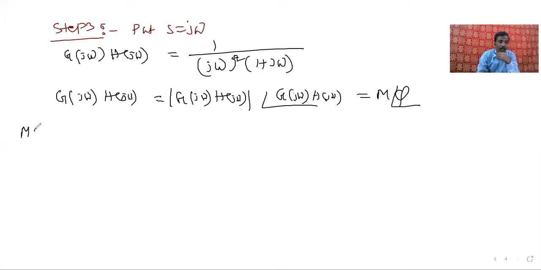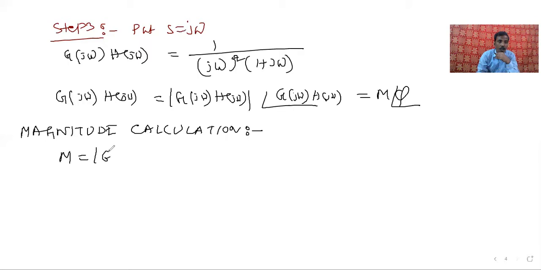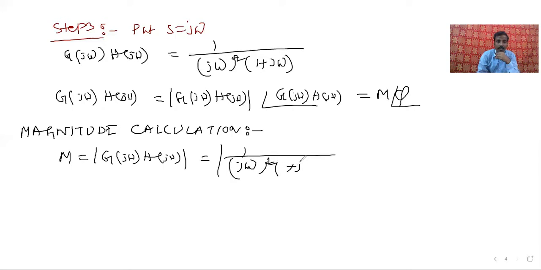Then magnitude calculation. Magnitude M, or mod of G(j omega)H(j omega), equals mod of 1 by (j omega) whole square into (1 plus j omega).